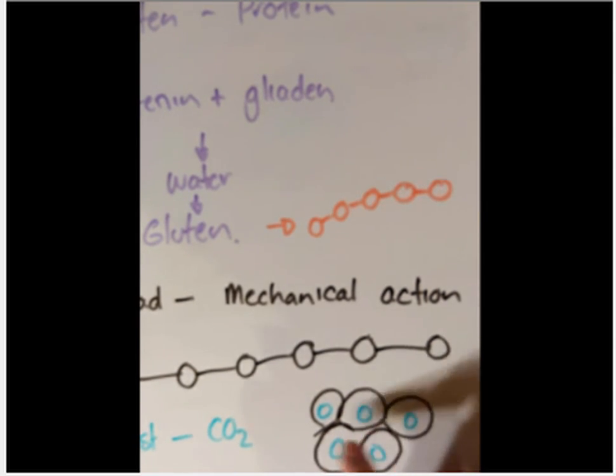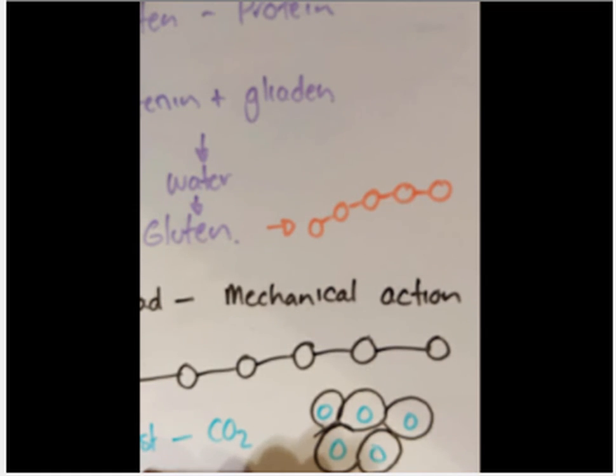So these new protein strands, called gluten, are a little bit like an elastic band. They wrap around the CO2 which the yeast has produced, and they act to trap that air inside.